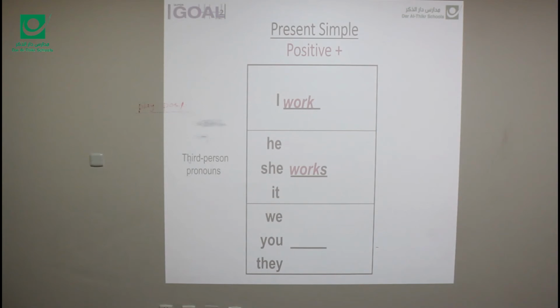We call them third person pronouns. Okay, I work, he works, she works, it works. We work, you work, and they work. This is the positive form of the simple present tense.